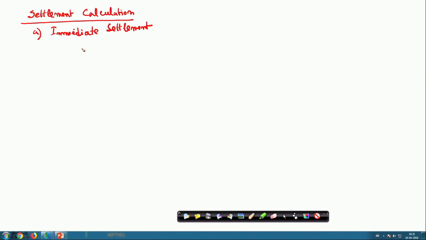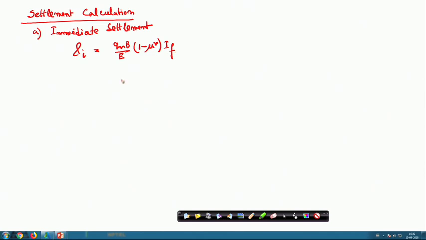Okay. So, the immediate settlement is Qn B by E into (1 minus mu square) into If.